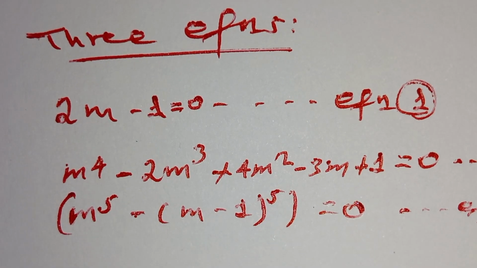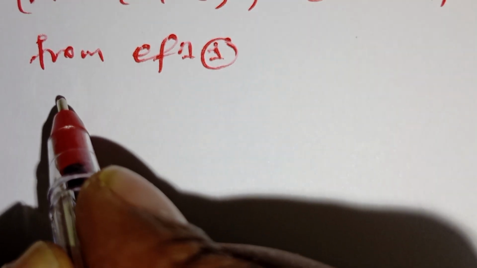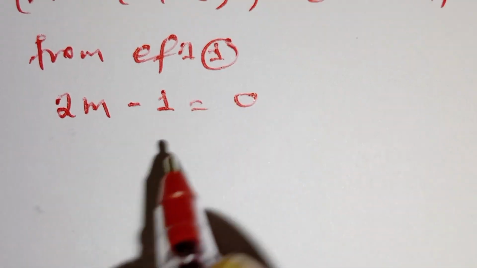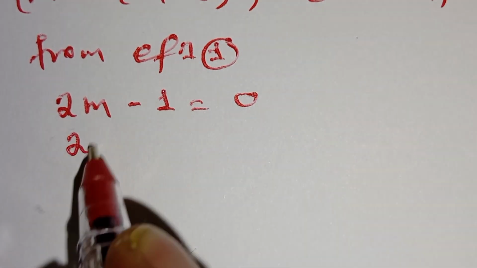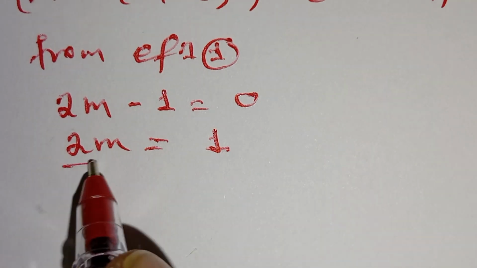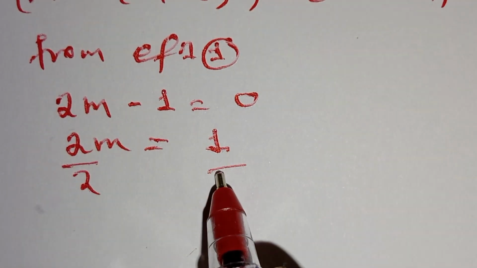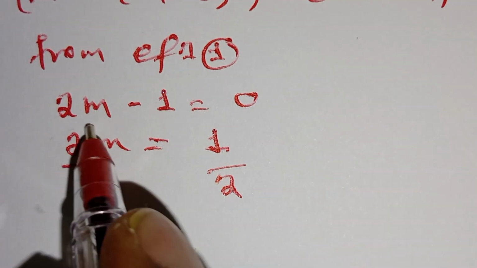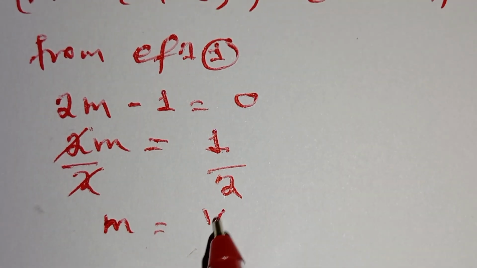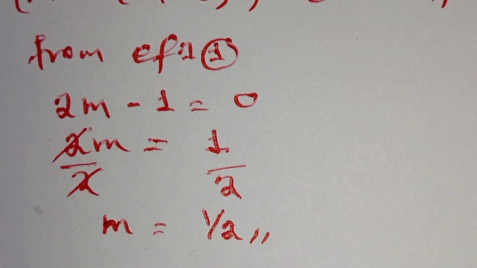From equation 1, 2m minus 1 equal to 0, so 2m is equal to 1, and dividing by 2, m is equal to 1 over 2.